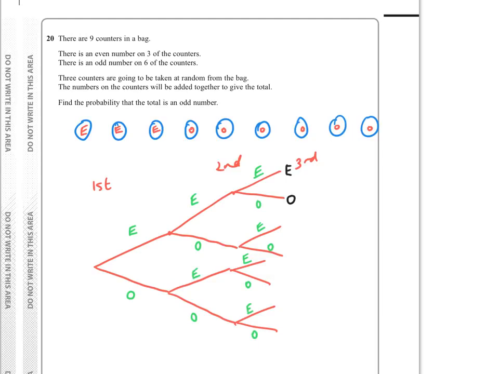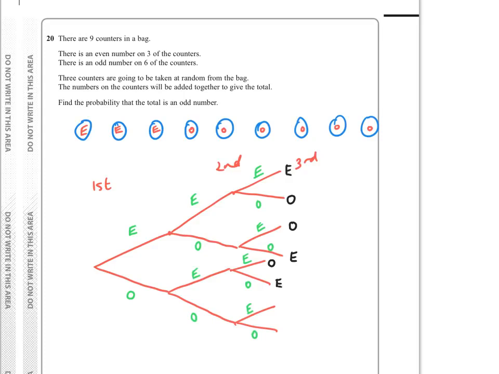Well, the 2 evens make it even, and the odd makes it odd, just like the one before. The next branch has 2 odds and an even, so 2 odds make an even, and an even is an even outcome. 2 evens and an odd is odd. 2 odds and an even is even.